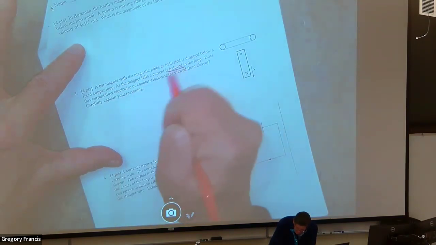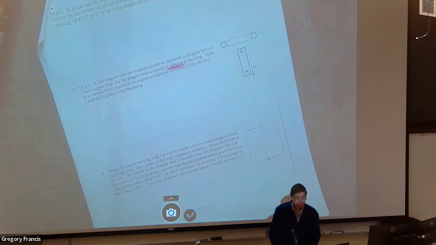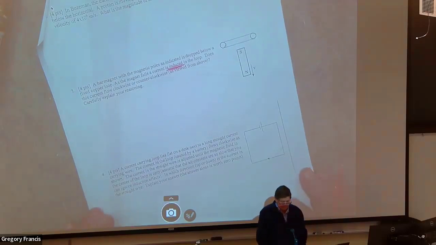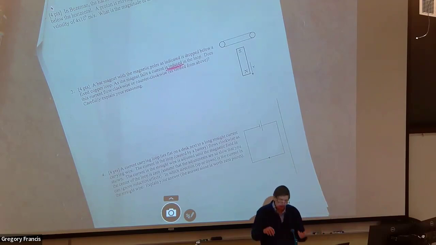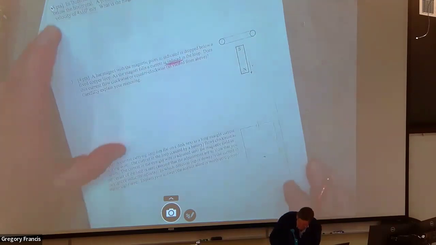You want to look for the word induced in problems. When you see that, that means you're going to be doing this construction where we have the initial external flux, the final external flux, the change in flux, what is the induced flux, what kind of induced current causes that. We've been through that little step-by-step reasoning several times here.